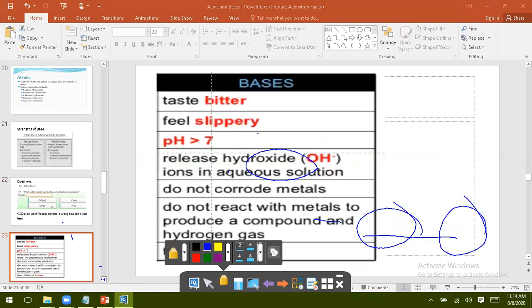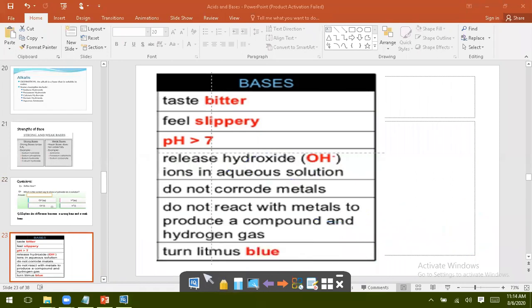If you still remember the properties of acids from the first lesson, you can try and compare them with the properties of bases. The first property of a base is that it tastes bitter. An acid tastes sour.